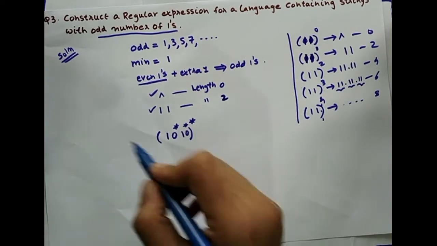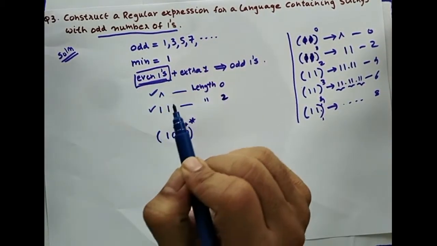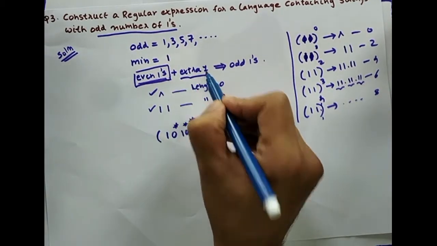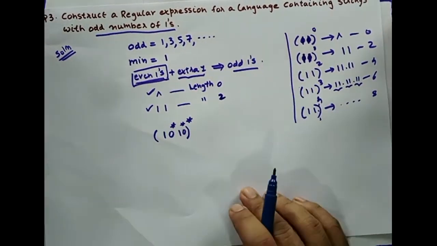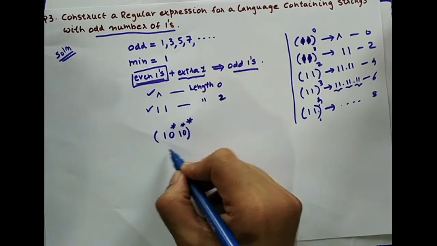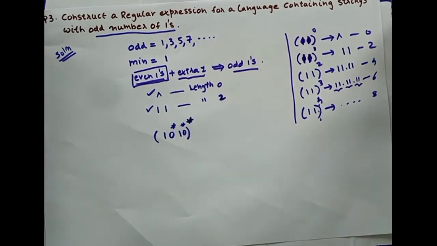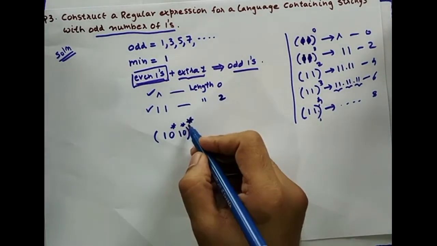Now let's come back to this definition. Now even number of ones, regular expression we have just found out. When you add one extra one to it, then we will get odd number of ones, right? So these even number of ones, they are not compulsory. They can be repeated even zero number of times, right?